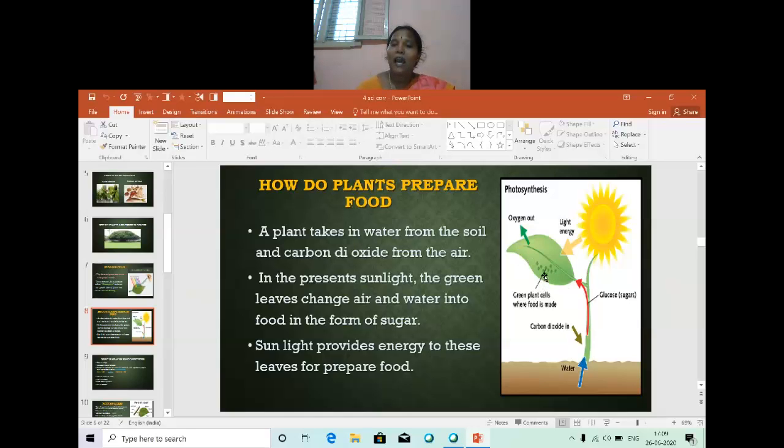So it can absorb the water and minerals from the stem using this chlorophyll, putting together, and they get the carbon dioxide from the atmosphere, all the things putting together and get the energy from the sunlight, join together, make the food. The food is called glucose.